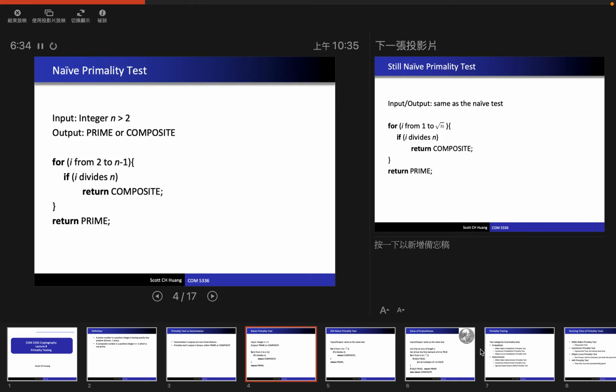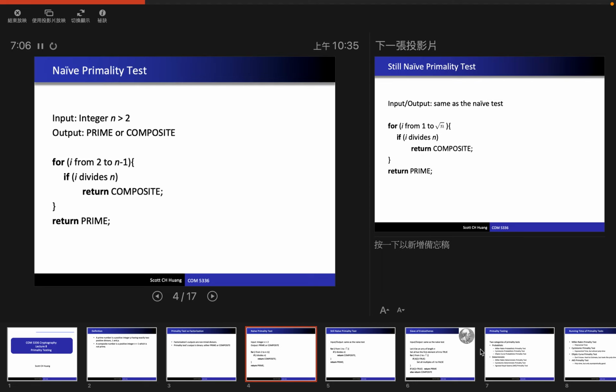If a problem is polynomial time, that means you get your input, and you get your output, and the running time is polynomial in your input. Let's take a look at the running time. We only have a for loop, where i goes from 2 to n minus 1, so the loop runs about n times, which is a polynomial in n.